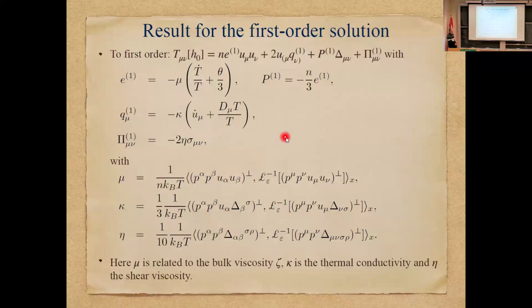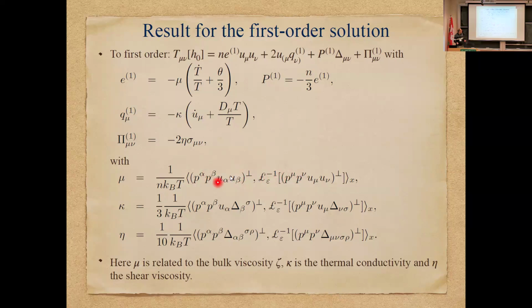Now, these coefficients, in principle, you can compute because this all comes from kinetic theory, from the Boltzmann equation. It doesn't just give you the structure, but you can also compute what these coefficients are. For example, you can think of μ as an expectation value of the inverse collision operator.